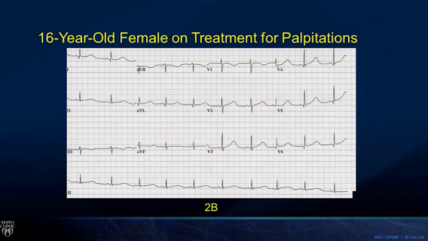16-year-old female on treatment for palpitations. And again, I think these banner titles are fairly typical of the kind of thing that you see. I mean, they're not going to say, 40-year-old or 50-year-old male with multiple risk factors for coronary disease having crushing central chest pain, I think I'm having an MI.